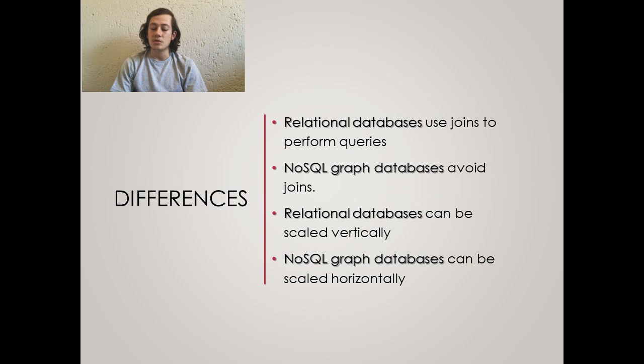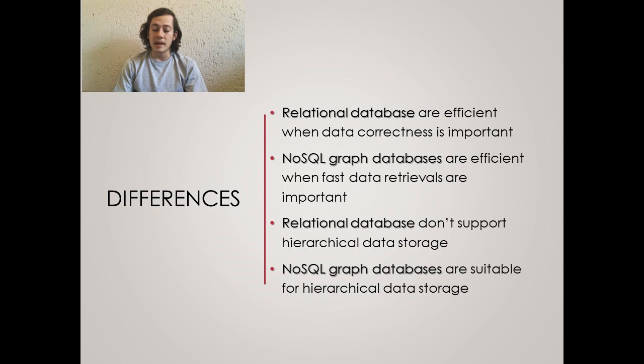Relational databases use joins to perform queries, while graph databases avoid joins and focus on relationships. Relational databases can be scaled vertically, while graph databases can be scaled horizontally. Relational databases are efficient when data correctness is important, while graph databases are inefficient where fast data retrievals are important.